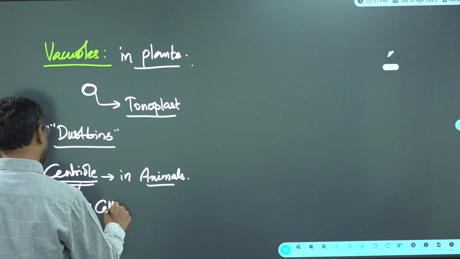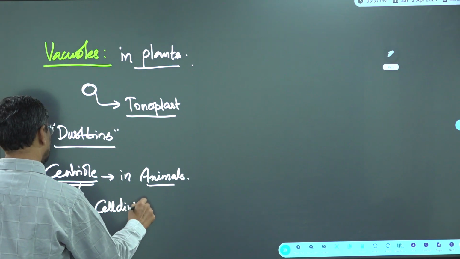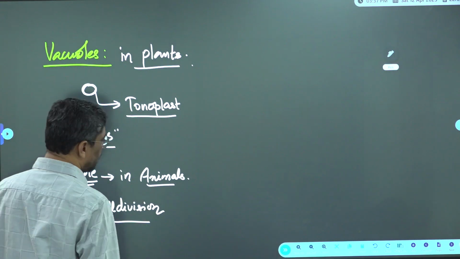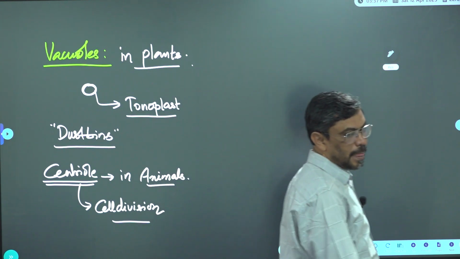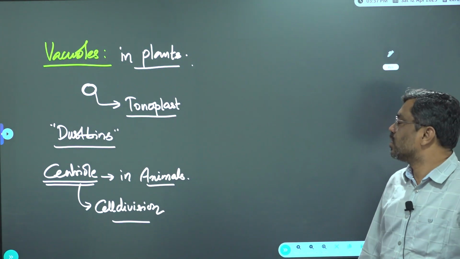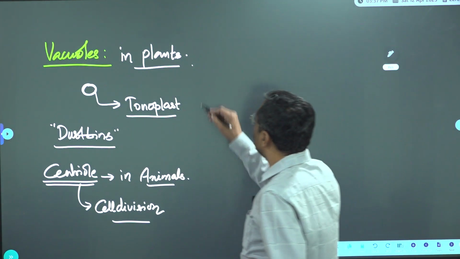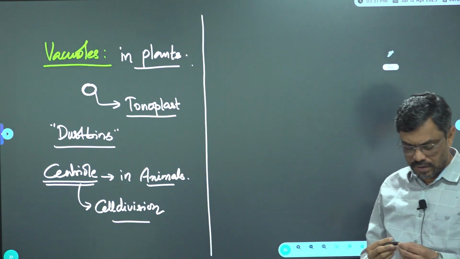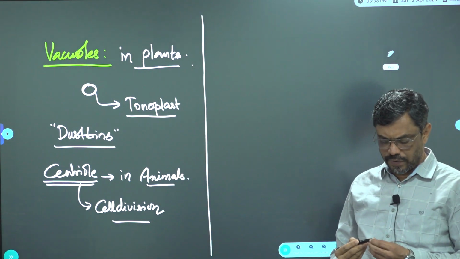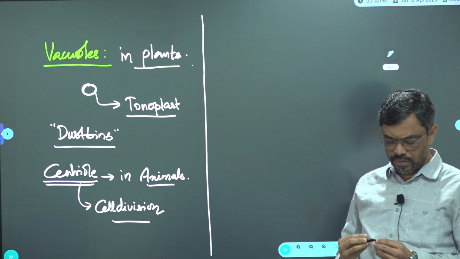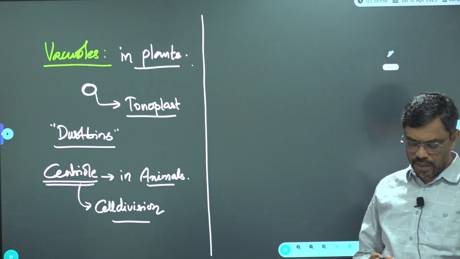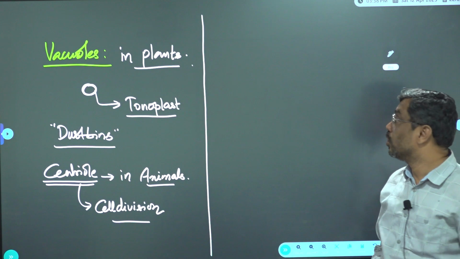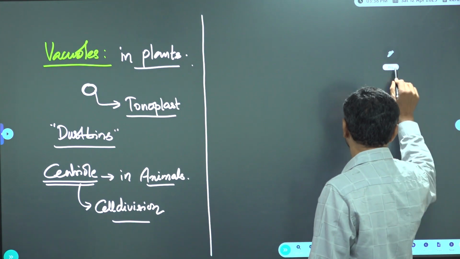It is involved in the cell division process. So, these are the various types of cell organelles present in the eukaryotic cell. Okay, right. Let us see the nucleus.